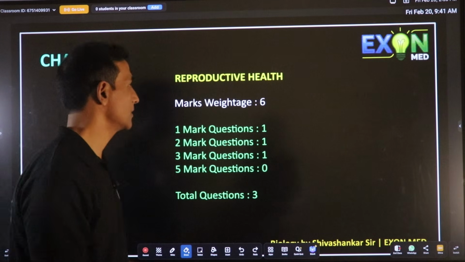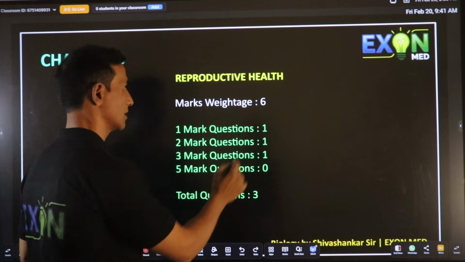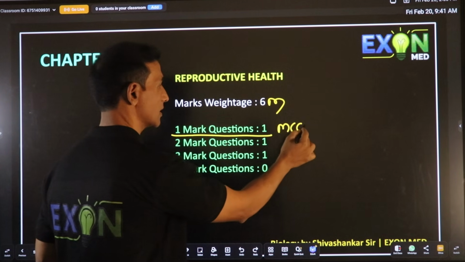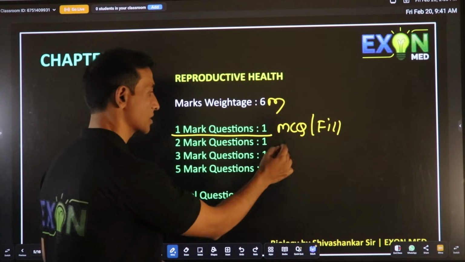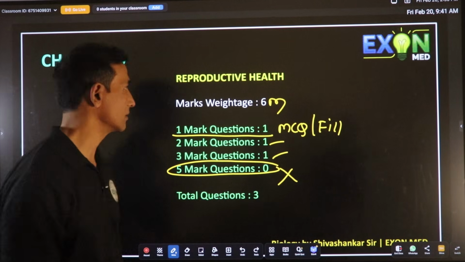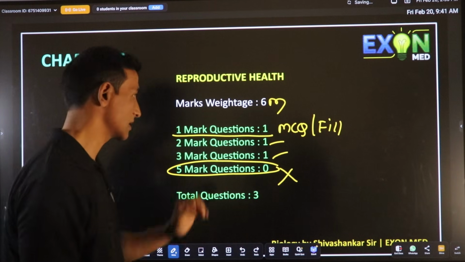Okay, next chapter, reproductive health. It carries 6 marks and 1 mark, either MCQ or fill in the blanks, can be expected. 1 question of 2 marks and 1 question of 3 marks. In this chapter there is no 5 mark question. So you have to prepare for 1, 2 and 3 marks. Reading NCERT is compulsory for this.